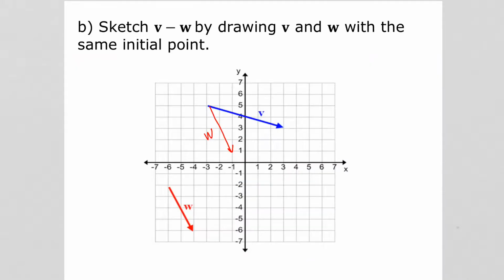When we're subtracting, we're going to start with the terminal point of w, the second one, and go to the terminal point of v. So instead of going initial to terminal, we're going terminal to terminal. And that is v minus w.